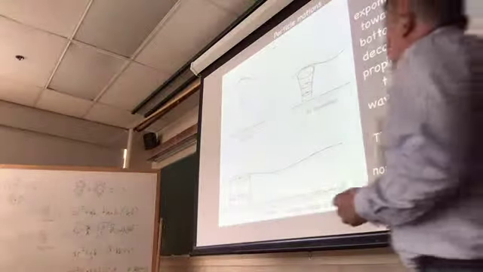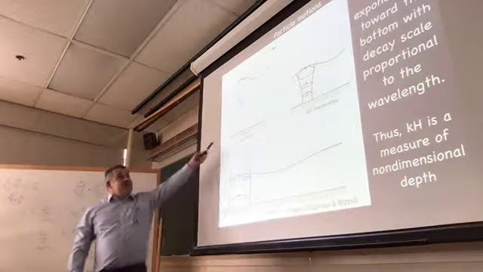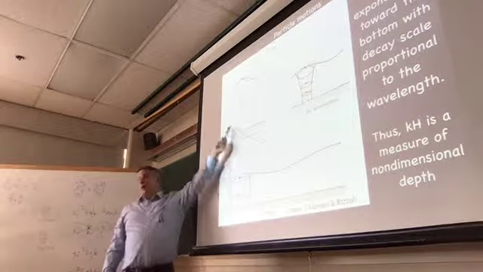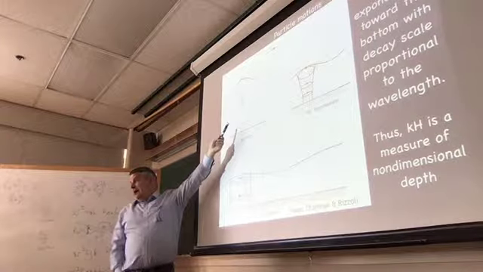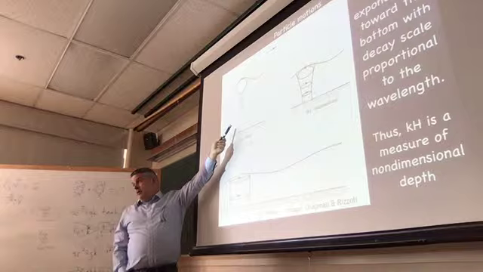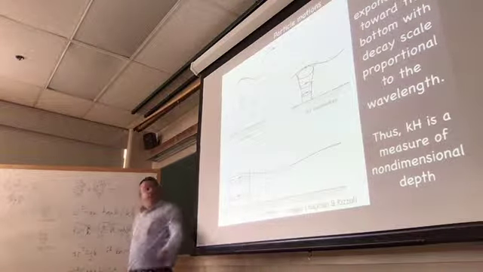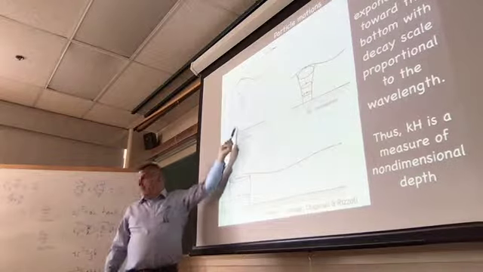So, if we have a really deep wave, that decrease away from the surface means that we just don't have any flow at the bottom, and we have a lot of decay. So this is a deep water wave, which means that k times h is much, much greater than 1, and the flow doesn't make it to the bottom.